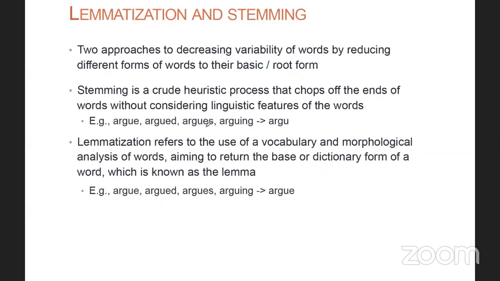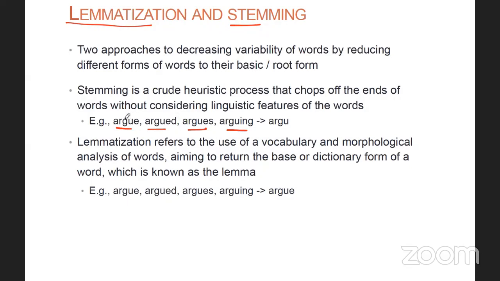Then the final one is lemmatization or stemming. This is, for example, when we have multiple words in different parts of speech, like different past tense, present tense, or past participle, like argue, argued, argues, arguing. If I don't treat this, again the problem of normalization would come into the picture.